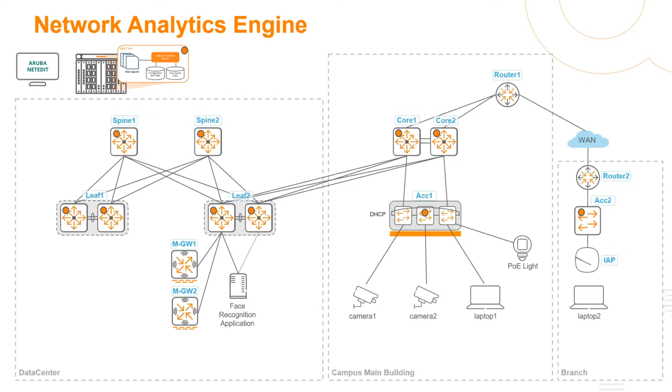So these three methods are what network operators used very commonly in the traditional world. Of course, all these three methods are supported on AOS CX switches to maintain compatibility.